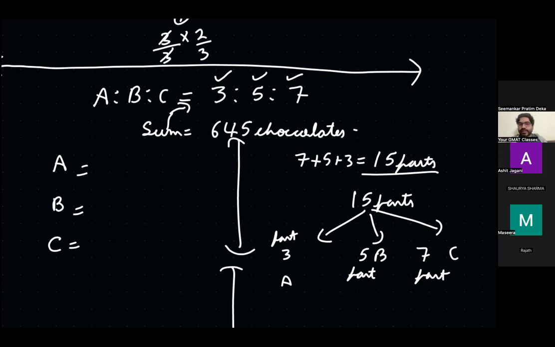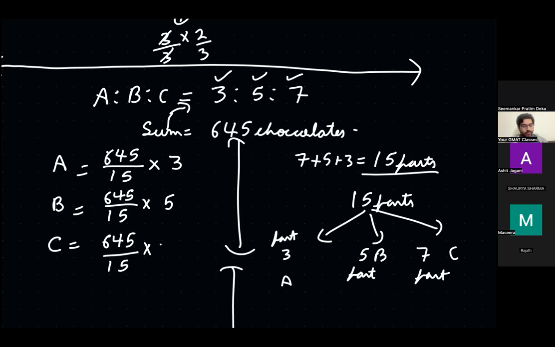So the idea is that out of these 15 parts, 3 of them have to go to A. So the total chocolates is 645. I make it 15 parts and give 3 to A. Of the total of 645, I make 15 parts and give 5 to B. And of the total of 645, I make 15 parts and give 7 to C. This makes perfect sense, right?